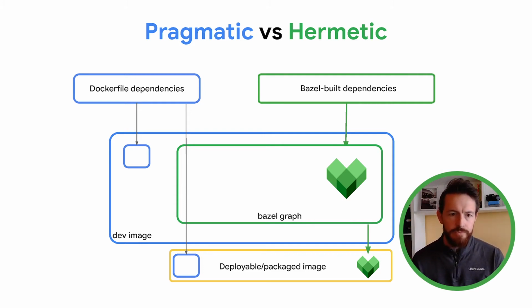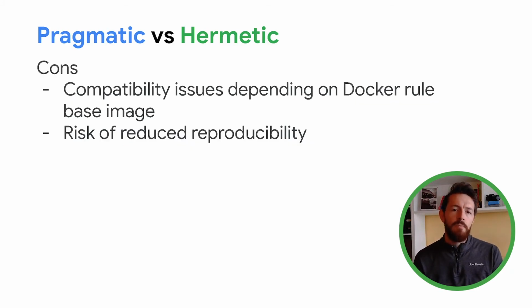So what are the issues of being pragmatic? It comes with slight compatibility issues when you declare dependencies in the Docker file. And that's because when you're going to package an application using Bazel, it won't be aware of those dependencies. So there is a slight risk of reduced reproducibility, but we have strategies to mitigate this.